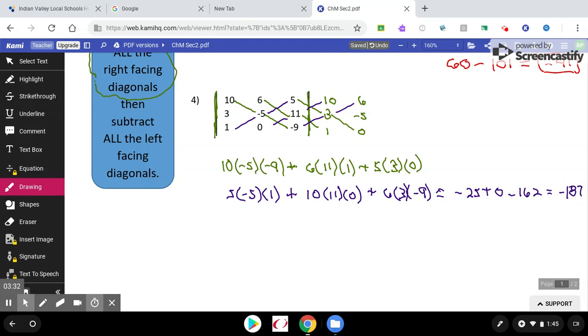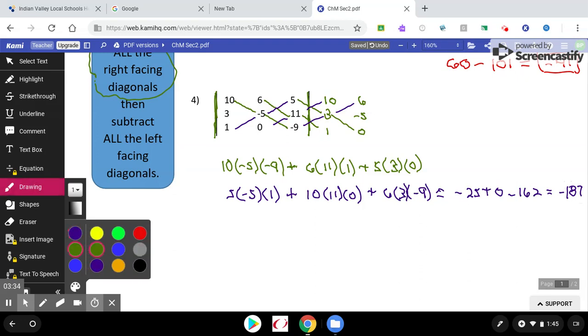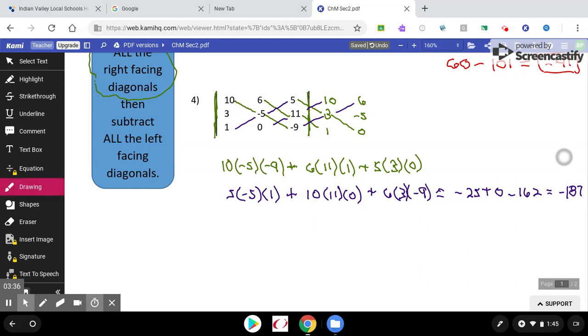Okay, the green one, the right diagonals. So let's total those up. Well, let's see. 10 times 5 is 50 times 9 is 450, and a negative times negative would give me positive. Plus 6 times 11 is 66 times 1. Plus anything times 0 would be 0. So it'd be a total of 516.